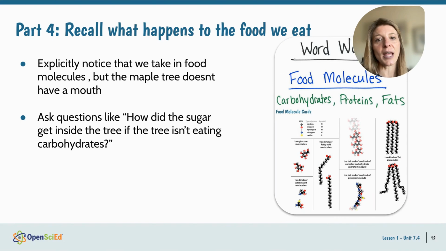We tasted sugar that came out of a tree. We know that Unit 7.3 has sugar as a food molecule made out of carbon, hydrogen, and oxygen atoms. But if the tree isn't eating sugar, how did those molecules get inside the tree to become the sugar in the first place?